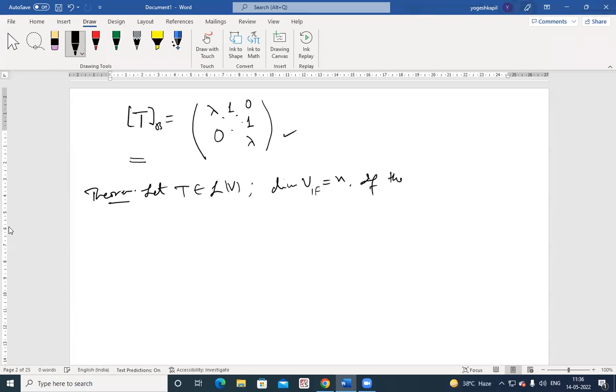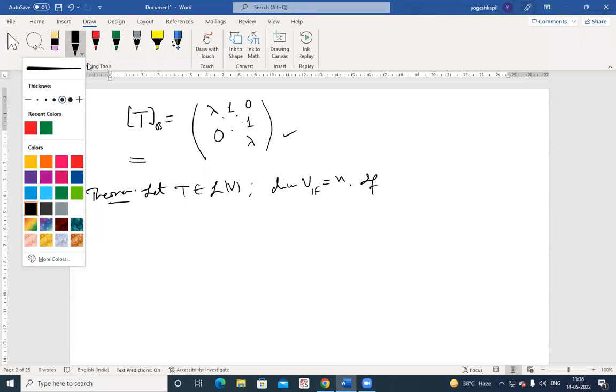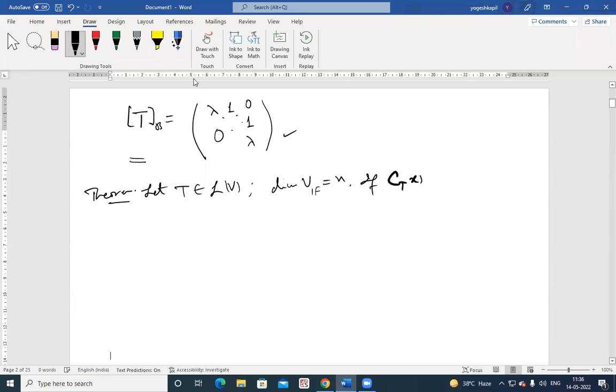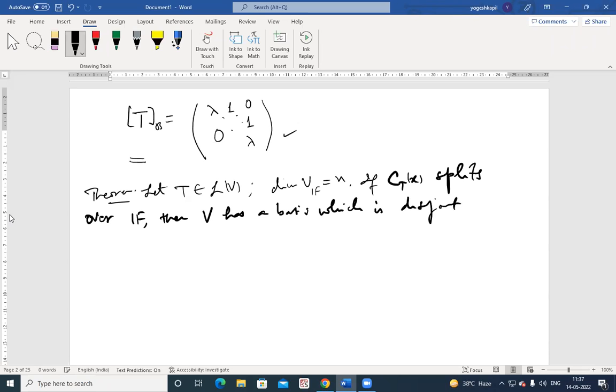If the characteristic polynomial of T splits over F, then V has a basis which is a disjoint union of Jordan chains.